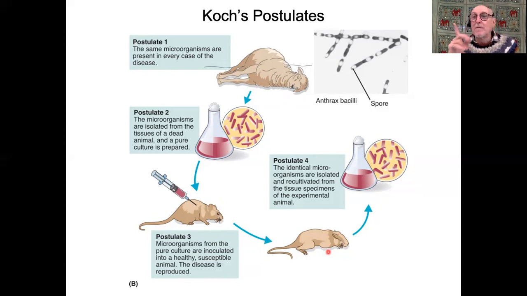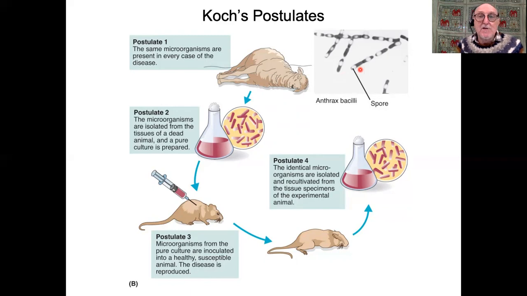Postulate number four, probably the most important one of all, is that when this experimental animal dies, you are able to extract exactly the same organism from it as that you grew in culture and as that you had originally extracted from the original sample.